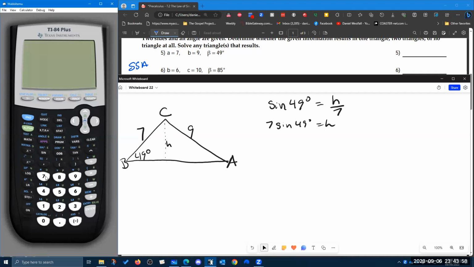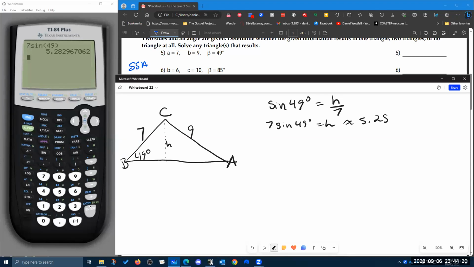It's always going to be this side over here times the sine of this angle down here, when we've set it up this way. That's this h that drops straight down. So this is going to be about 5.28. 9 is bigger than 5.28, so we definitely have one triangle here.